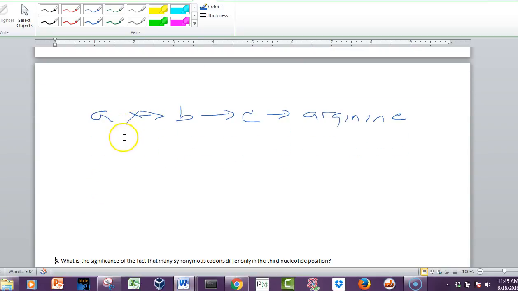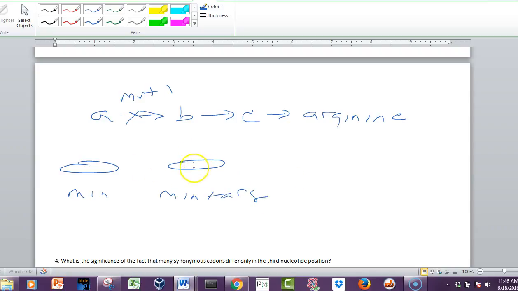So let's say we just have a mutant here. We'll just call it mutant 1. And we know that it can't grow on minimal, but it can grow on minimal plus arginine. So there it grows.